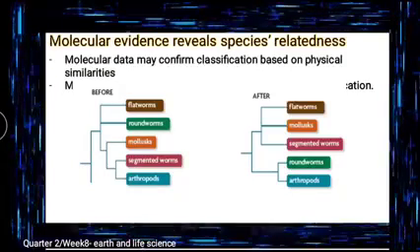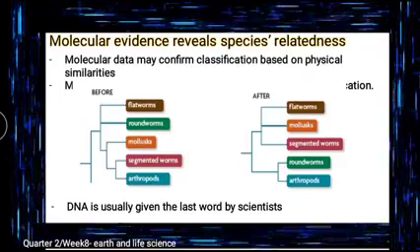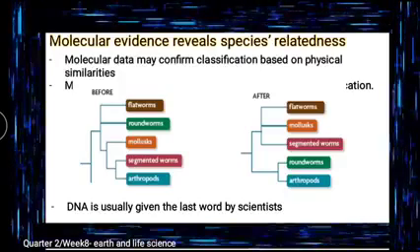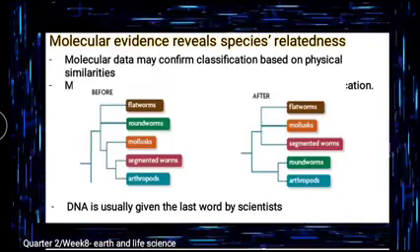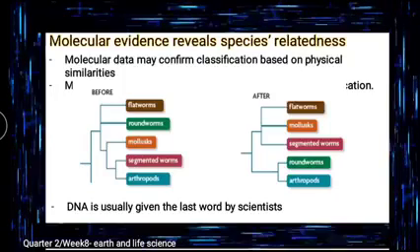But DNA is usually given the last word by scientists because it is ultimately the most accurate determiner of evolution.